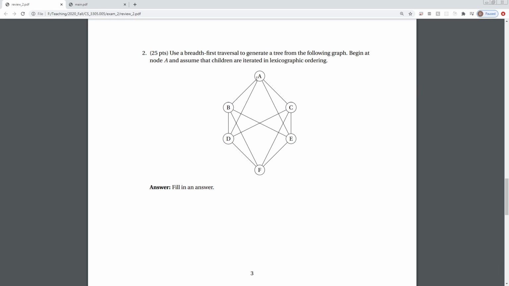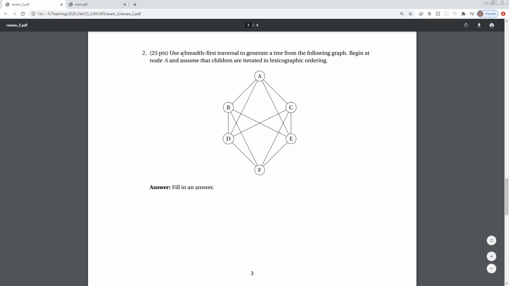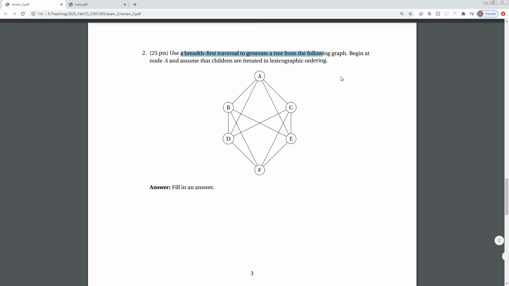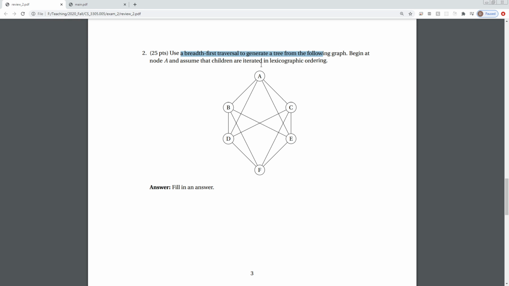Okay, and then for this problem, I've asked you to use a breadth-first traversal to generate a tree. So it's not necessarily a minimum spanning tree, but it's unweighted.